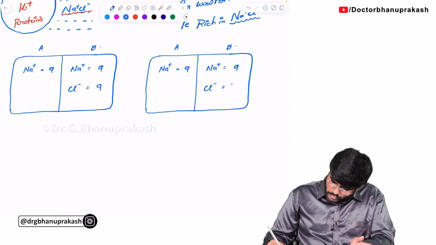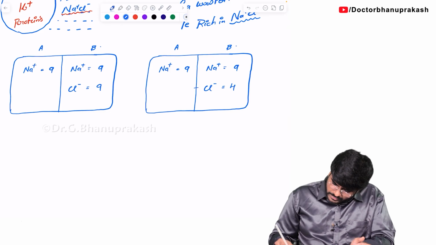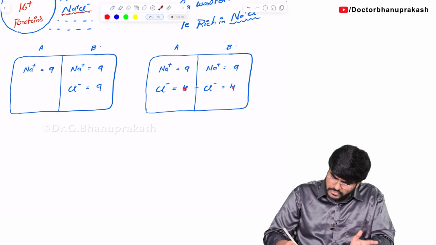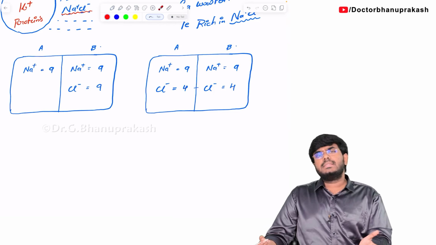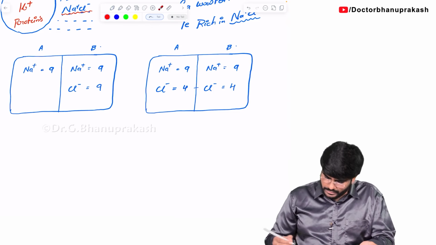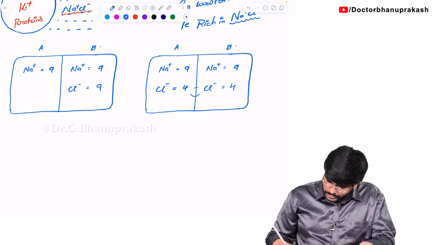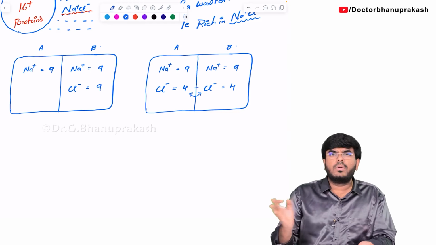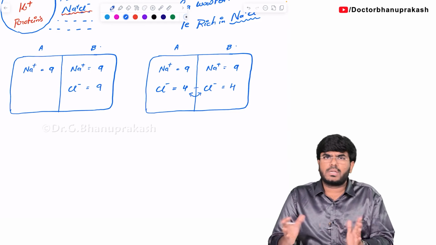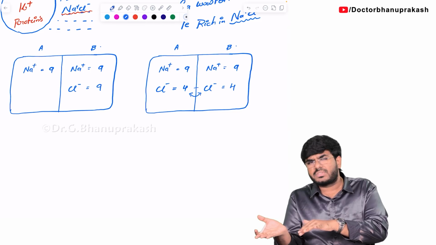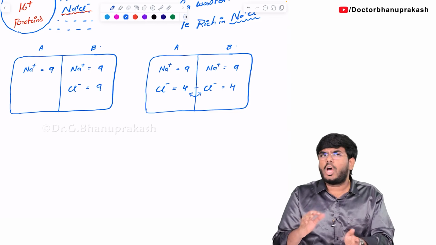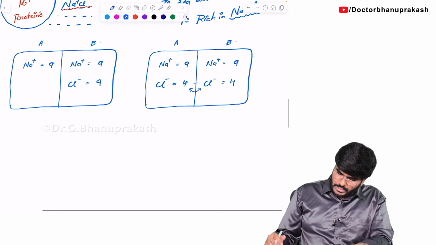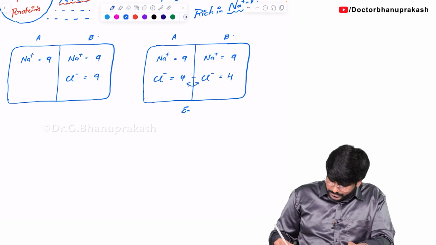So now here 4 chloride are going to be there, some chloride will come to this side, here also 4 chloride are going to be there, and tell me, 4 plus 4 how much? It is 8, but I kept 9 chloride, right? So 1 chloride ion is going to move in both the sides, according to the concentration, sometimes from this side to this side, and sometimes from this side to this side, it keeps on oscillating, it keeps on moving. Okay, so now we came to an equilibrium state.